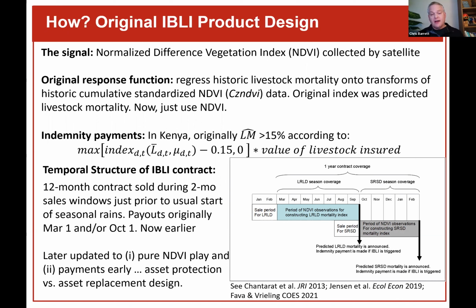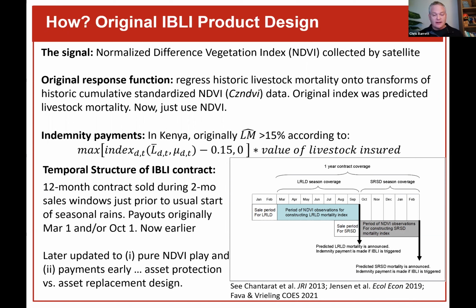But the indemnity was tied to the predicted value of livestock loss in that area, where the predicted values were based off of a statistical function we built off of historical livestock mortality data, calibrated to satellite-based measures of normalized difference vegetation index. So we could use the freely available near real-time availability of Earth observation data now to build a reasonably accurate predictor of herd mortality through this region and turn it into a put option that could underpin an index insurance contract.